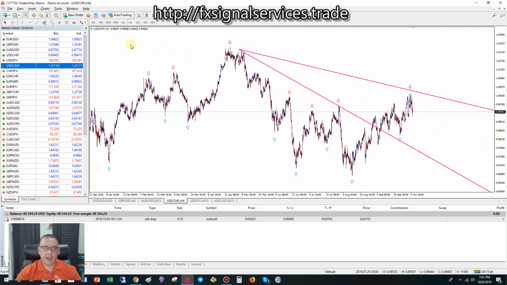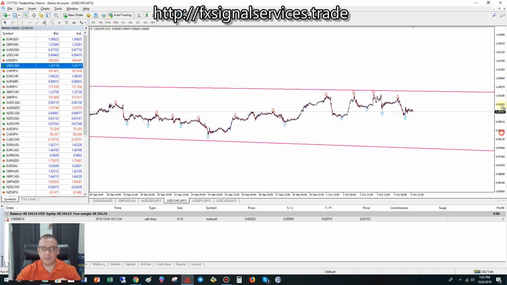So like I said before, US dollar will run opposite to like Euro USD or Pound USD. So for this pair, US dollar Swiss franc, I would be looking for sell opportunities only. Okay, even on smaller time frames like the 15-minute, 30-minute.